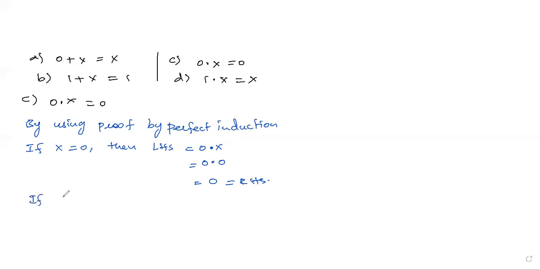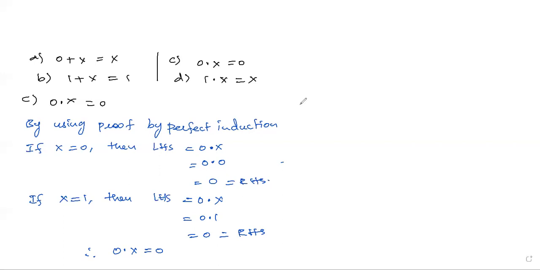If the x value is 1, then LHS is 0 and x. We are substituting the x value as 1. Then it will be 0 and 1, which is 0, which is RHS. So therefore, based on these two, we can say 0 and x will be 0.